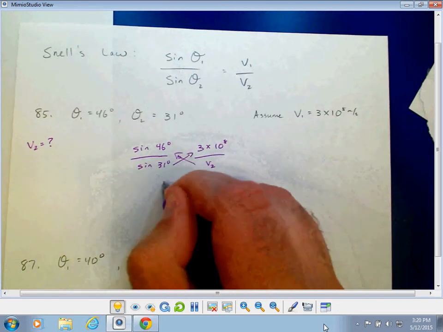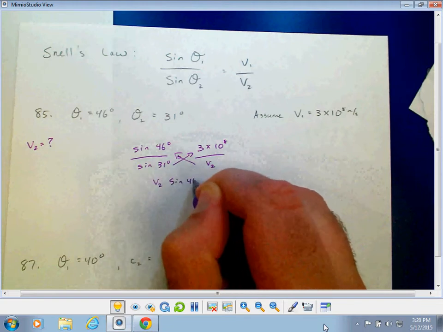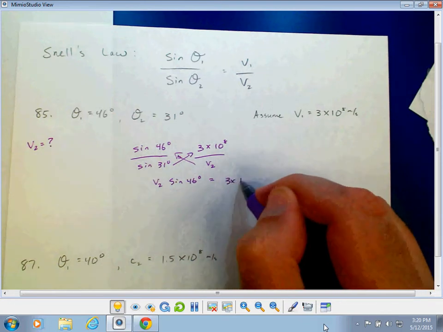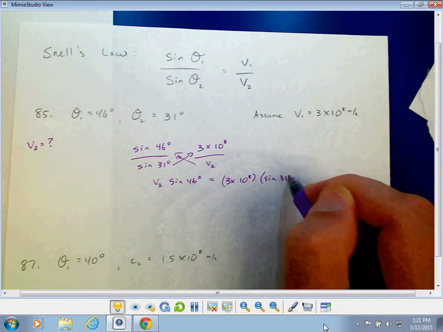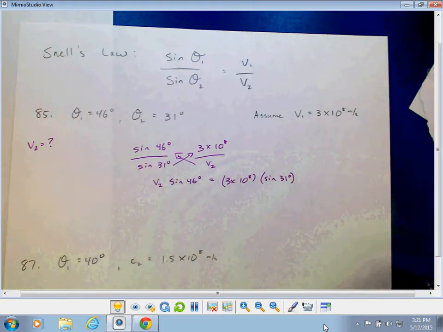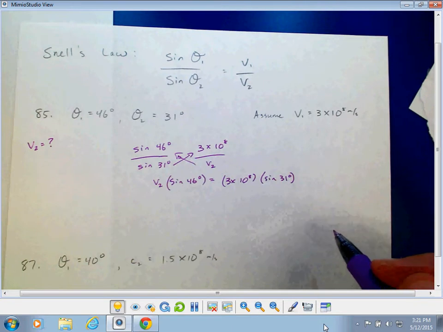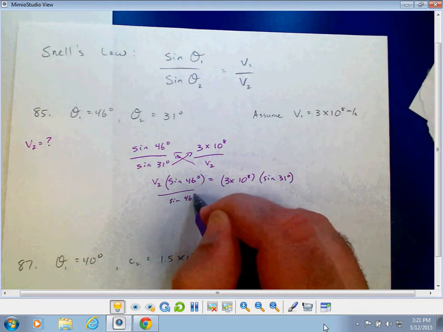So what you really have is V2 times the sine of 46 degrees equals 3 times 10 to the 8th times the sine of 31 degrees. So if you really want what V2 is, then you would divide both sides by the sine of 46 degrees.